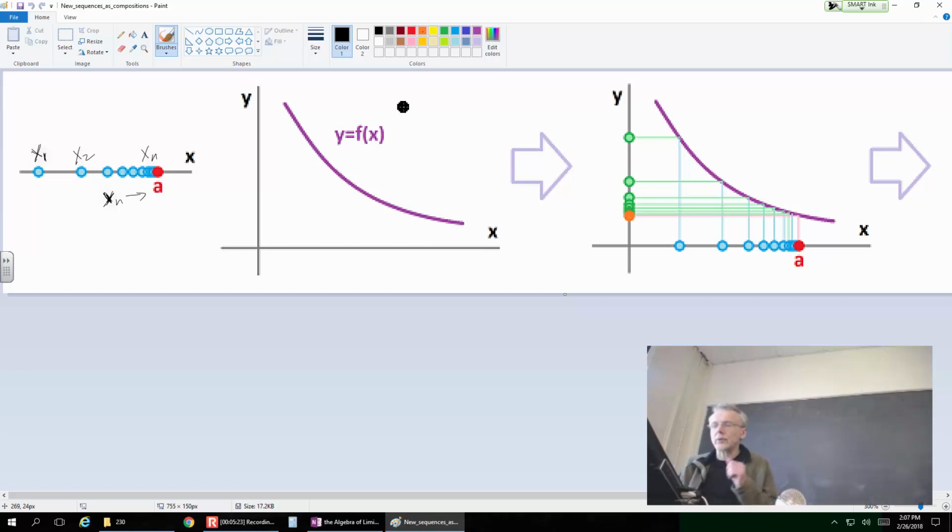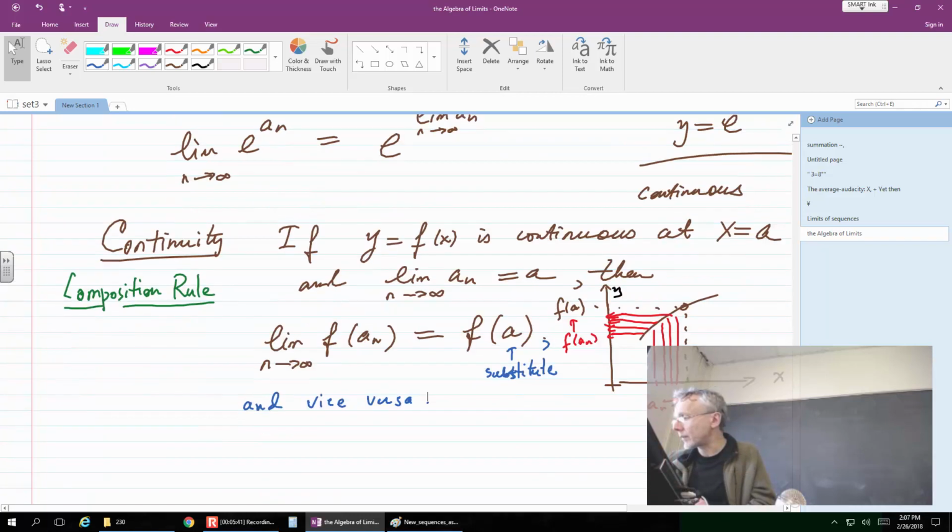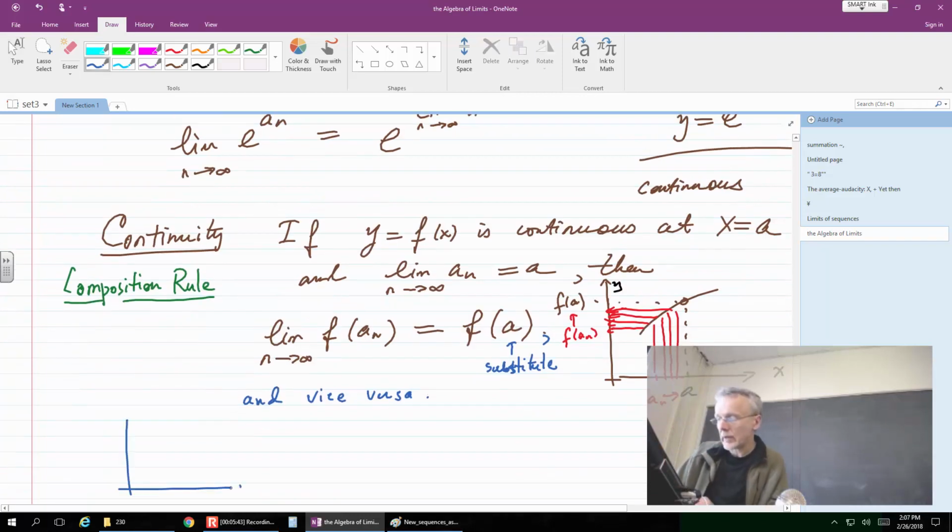Okay. So the starting point is a sequence, and the sequence is entirely confined to the x-axis. In other words, the x-axis of our sequence is the output. If you remember this, we might put our x-axis vertically, and the n-axis will be our input axis.